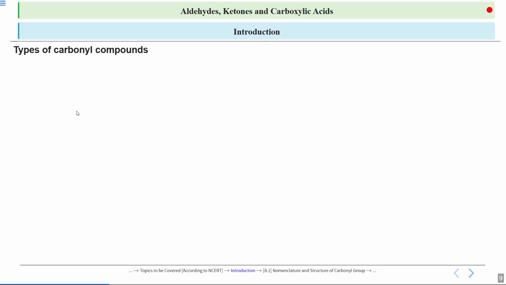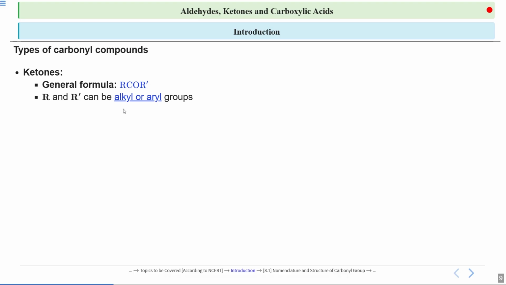Now we will see another type of carbonyl compound, which is ketones. Earlier we studied aldehydes, now we will see ketones. The general formula of a ketone is R C double bond O R dash. Now R and R dash can be alkyl or aryl groups.